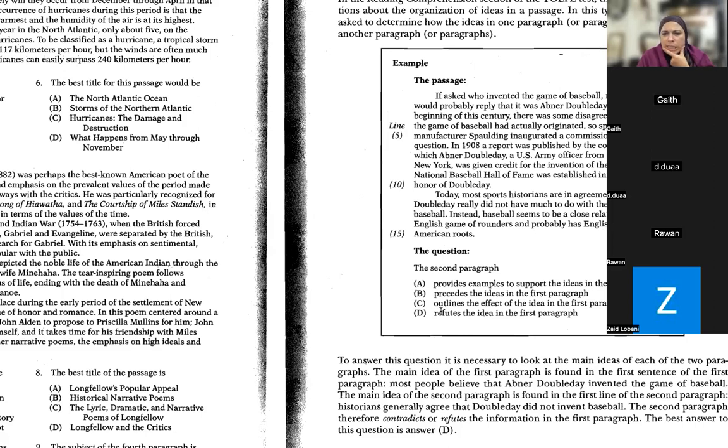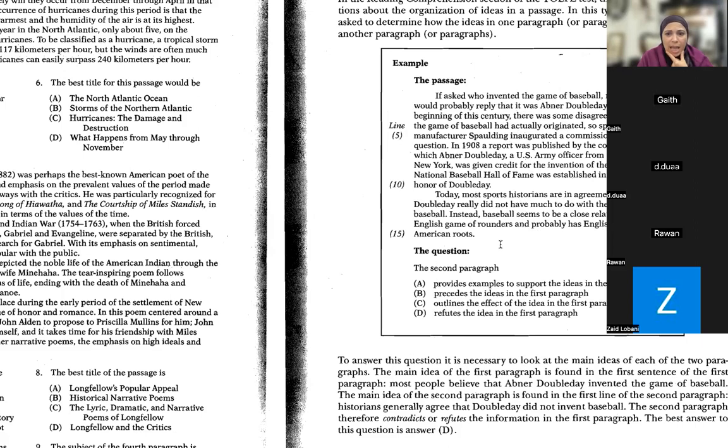C, the second paragraph outlines the effect of the idea in the first paragraph. Does it talk about the effect of the idea here that Abner Doubleday, does it outline it? Does it discuss it? Does it talk more about it? No, it doesn't.